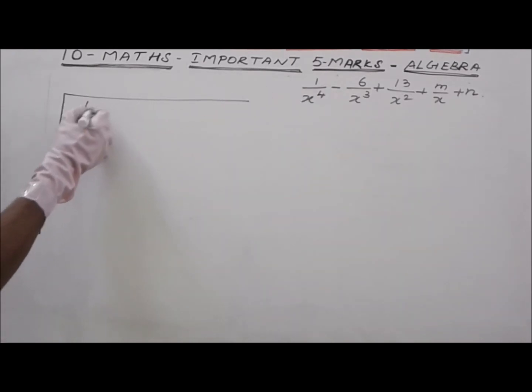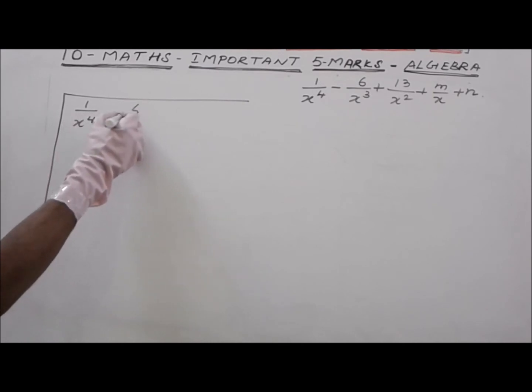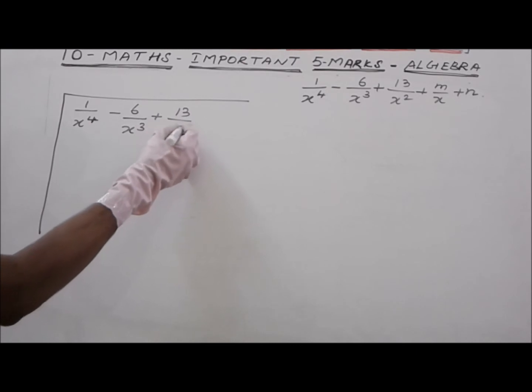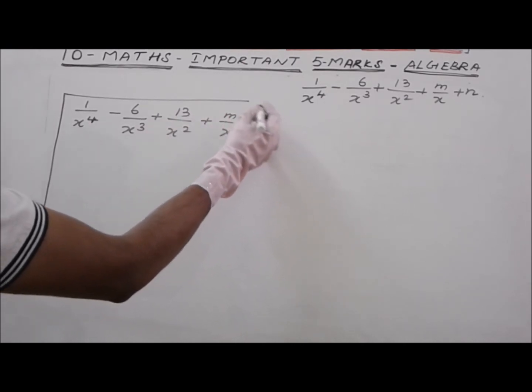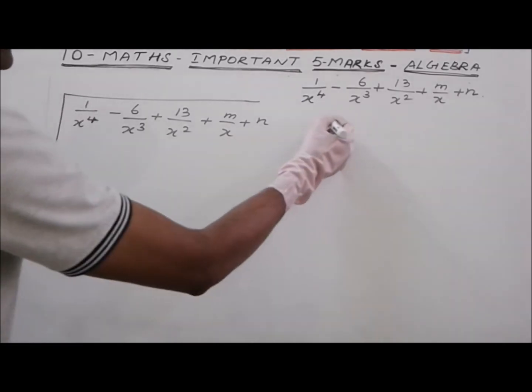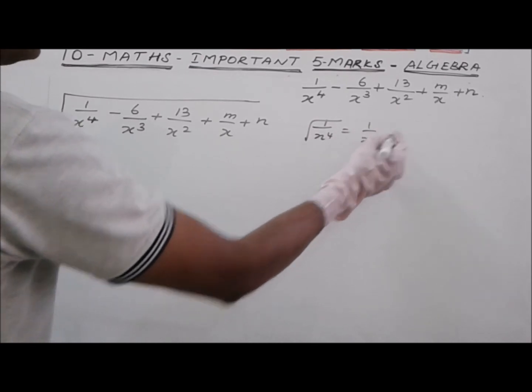Given 1 by x power 4 minus 6 by x cube plus 13 by x square plus m by x plus n. They are in proper order, so we can keep the polynomial as it is. Now taking the square root of the first term, the square root of 1 by x power 4 equals 1 by x square.